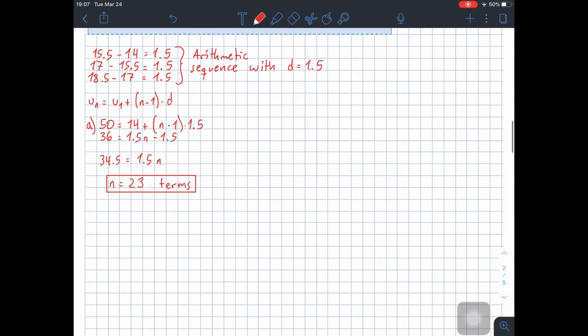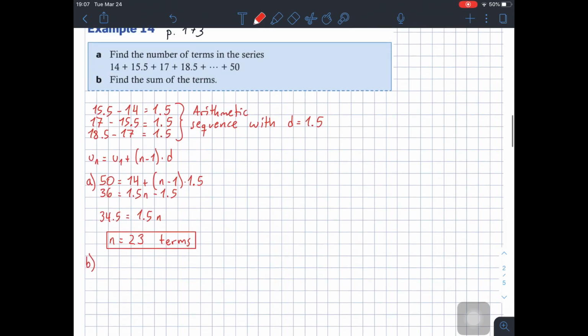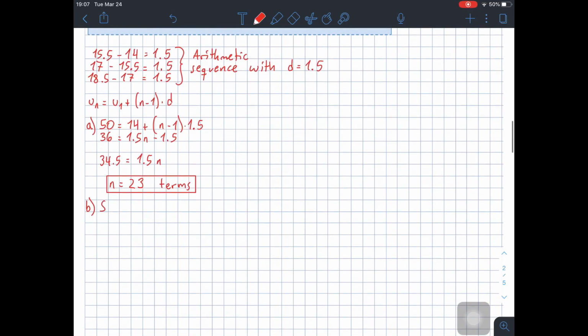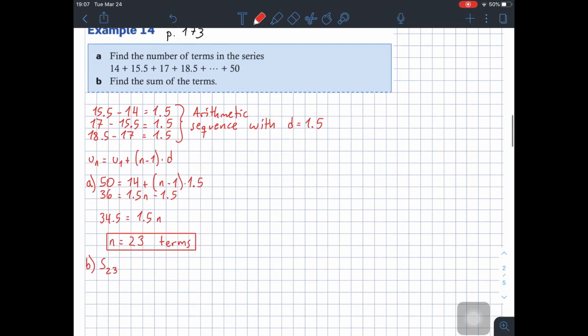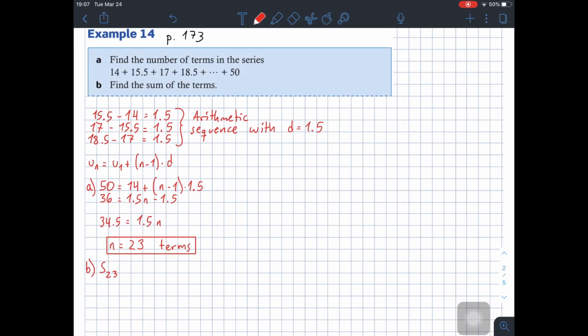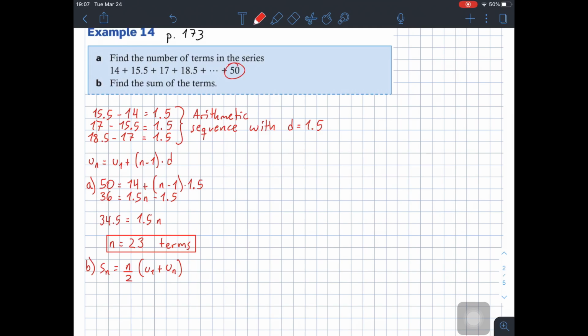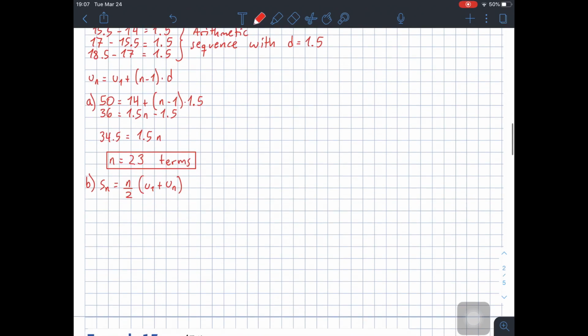Okay, then for part D, it says find the sum of the terms. So we want to find S of 23. In this case, you'll see that it's easier to use this formula, S of n equals n divided by 2 times u1 plus un, because we're given the last term already, okay? So it's easier to apply this formula.